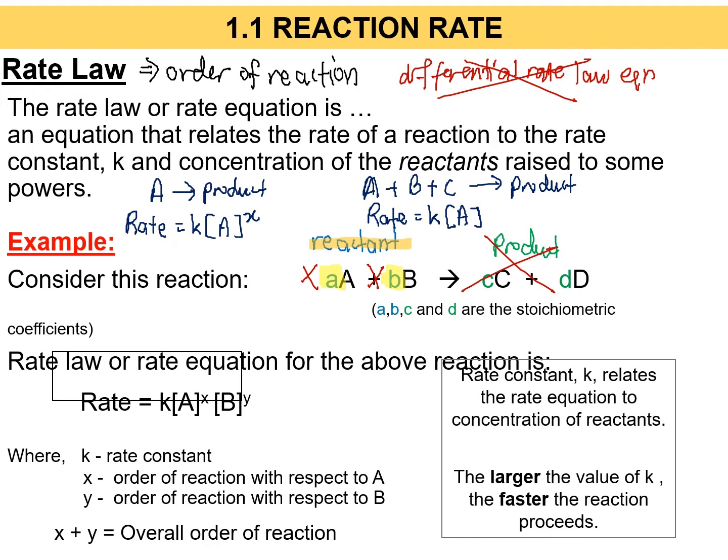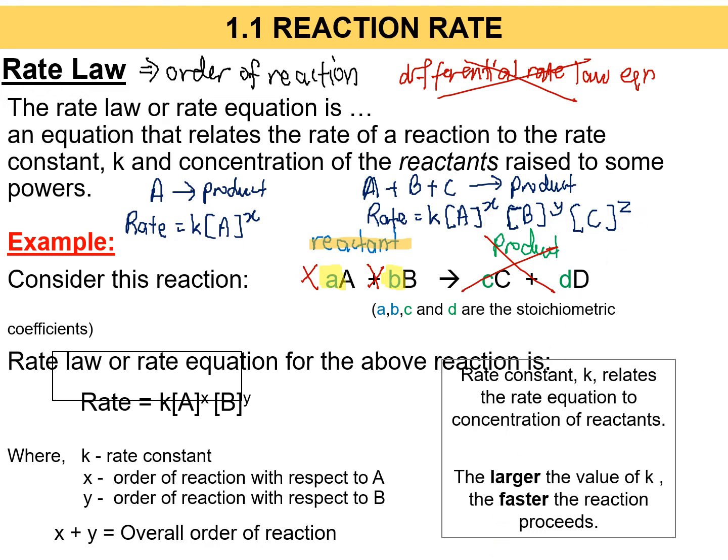The first reactant A to the power of X, the second reactant B, you make it to the power of Y, and the third reactant C, you make it to the power of Z. So if let's say for this chemical reaction you want to know the overall order of reaction, it is X plus Y plus Z.